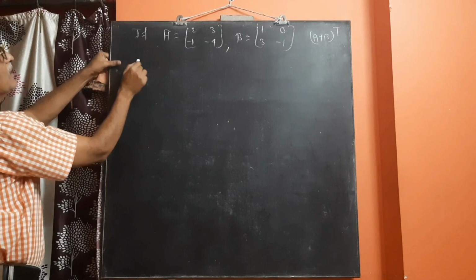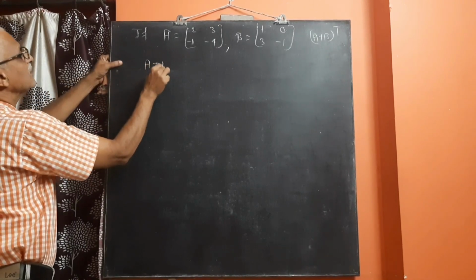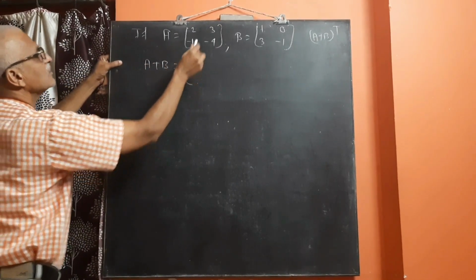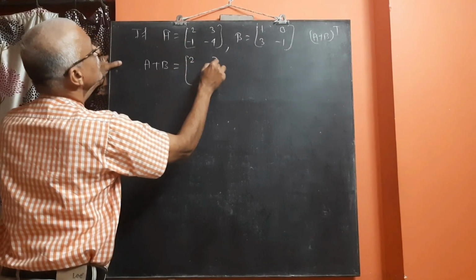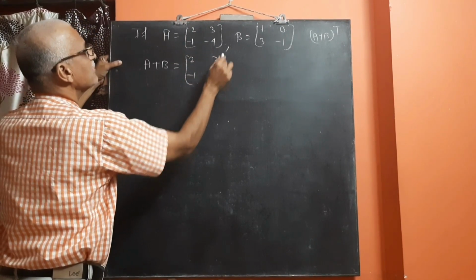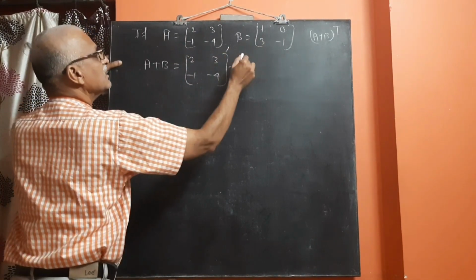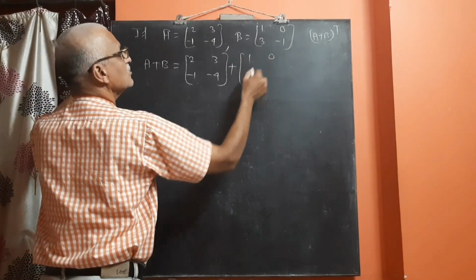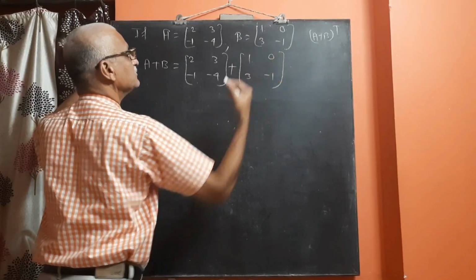Say here A plus B is equal to the matrix of 2, 3, minus 1, minus 4 plus B, 1, 0, 3, minus 1.